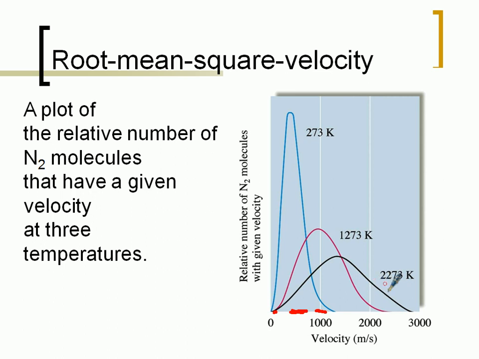At this higher temperature, you're going to have a lot more gas molecules traveling at 2,000 or above than you would have had at 273. So it's a very different distribution of speed of N2 gas molecules in a container. The area in all three graphs is technically the same. It's just the distribution changing as the temperature increases.